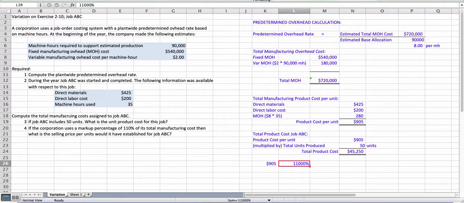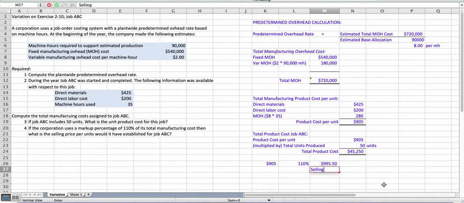Oops, I got too many zeros in there. And calculate it as a percentage. So 905, we're going to multiply this by the 110%. And this suggests that our selling price, with a markup of 10%, we should sell it for $995.50.